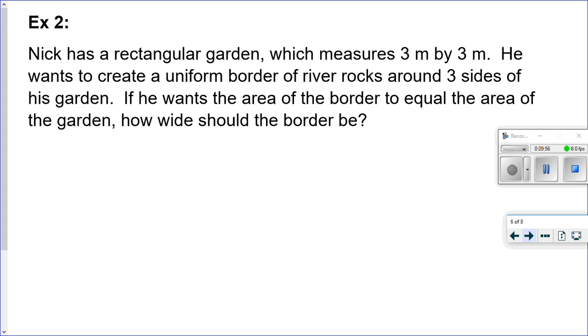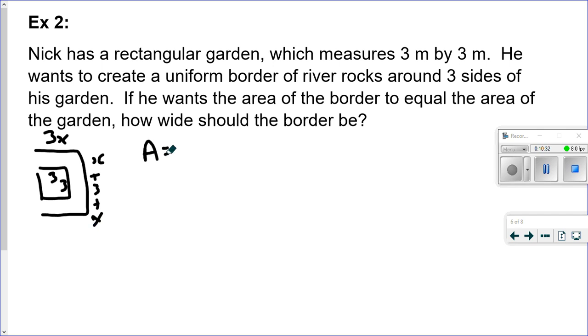Nick has a rectangular garden which measures 3 by 3, and he wants to build a walkway around the outside. If you want the area of the border to equal the area of the garden, how wide should it be?